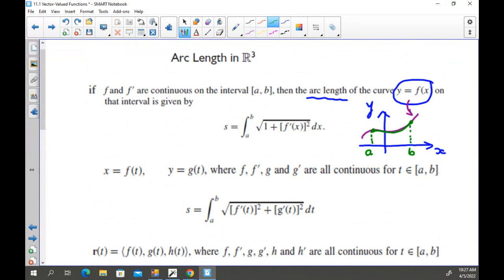Okay. Well, you can get it by using this formula here. This is the arc length. For example, let me give you a simple example here.